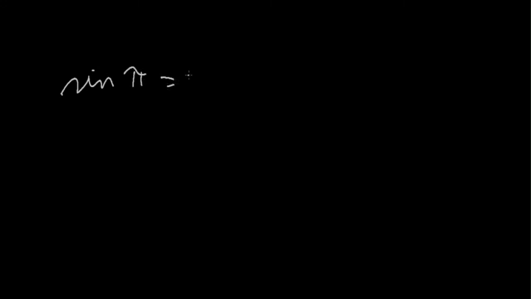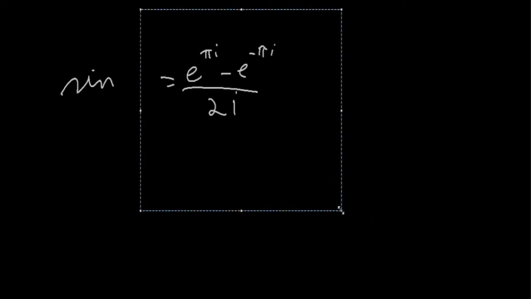Well, it won't help you, right? Because you'll have e to the pi I minus e to the negative pi I divided by 2I. And to find both of those, you need to know what sine of pi is. So it doesn't really help you in any way if you're trying to find the values of sine in the original domain, right?